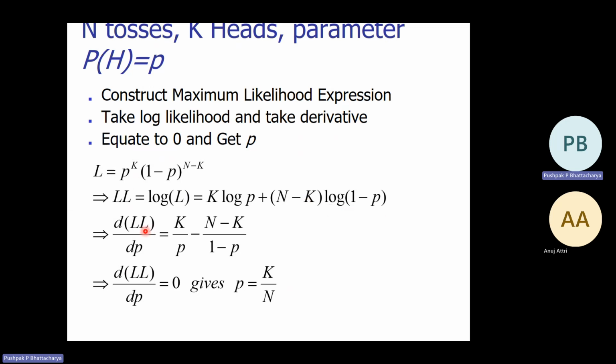Now differentiate the log likelihood with respect to p, the parameter I am interested in. When you do so, k by p minus (n minus k) by (1 minus p) comes out. We equate this to 0. That gives me p equal to k by n. So that is the foundation for taking the ratio of counts for finding out the probability. It is because we want to maximize the likelihood, and the likelihood is a function of the probability of the parameters.